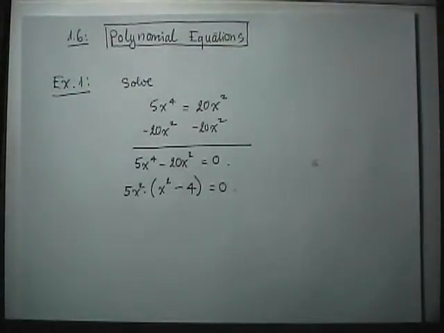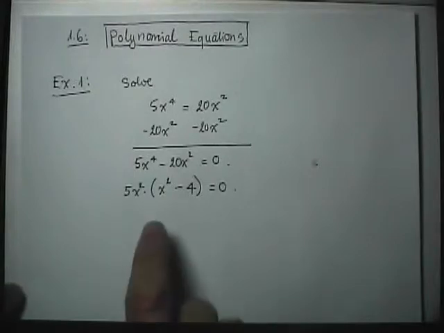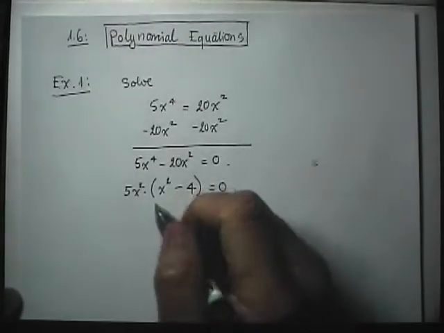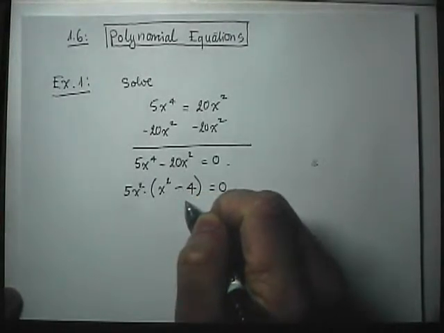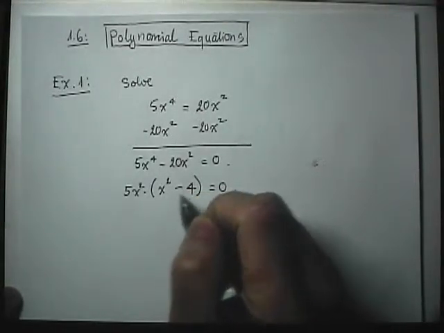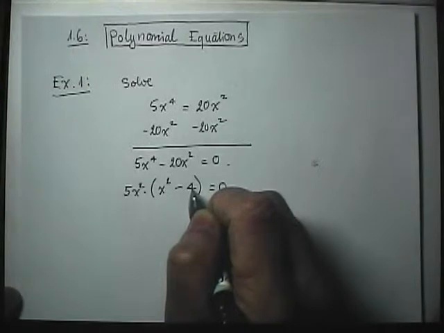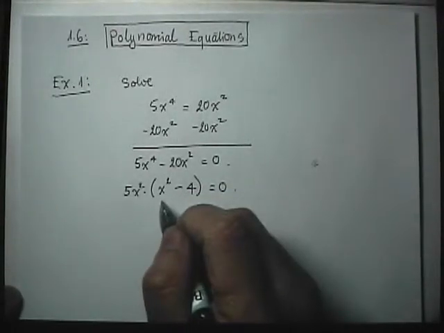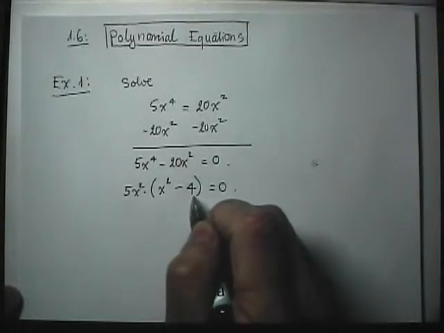One thing I have to mention is that you need to factor completely. What I notice is that x squared minus 4 can be factored a little further. The 4 is a perfect square, and x squared itself is a perfect square, so you have a difference of squares, x squared minus 2 squared.